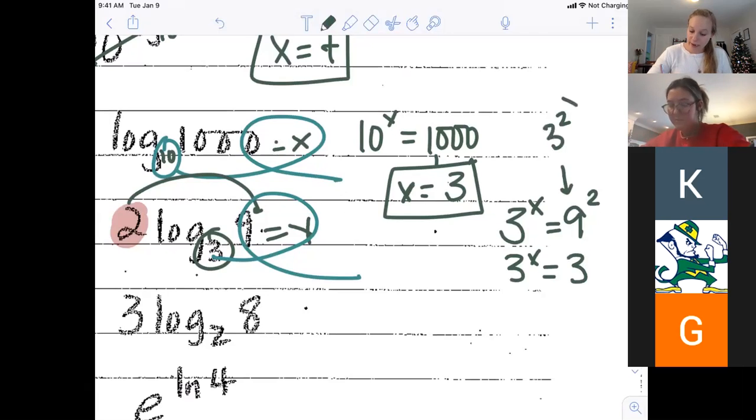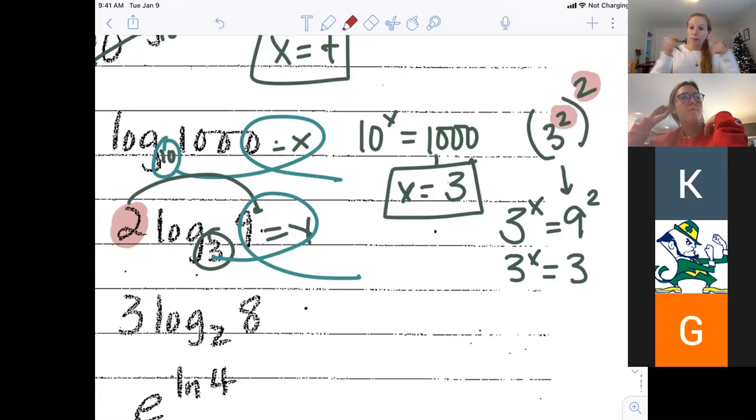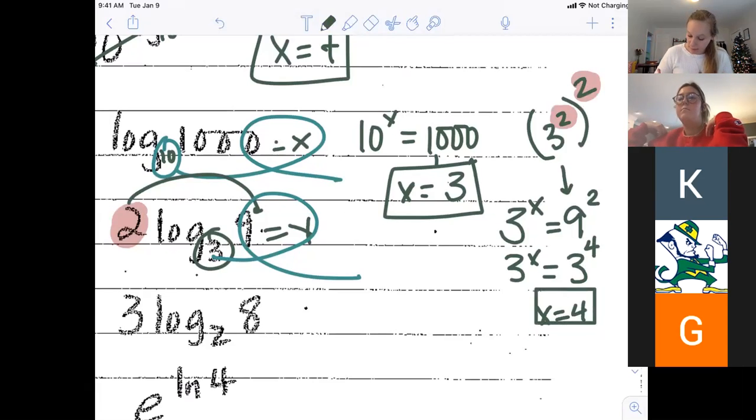So I'm essentially doing 3 squared. Whenever you have two exponents, if I'm doing a power of a power, we multiply those two numbers together. So that 9 squared is the same thing as 3 to the 4th. And that's helpful because now my bases are the same, so I can write x equals 4.